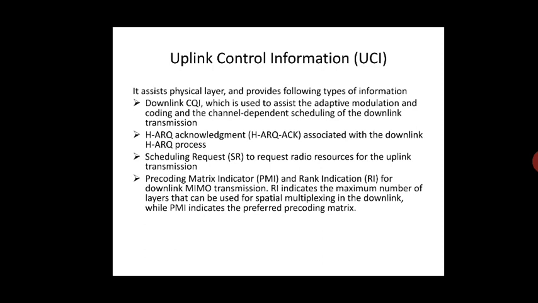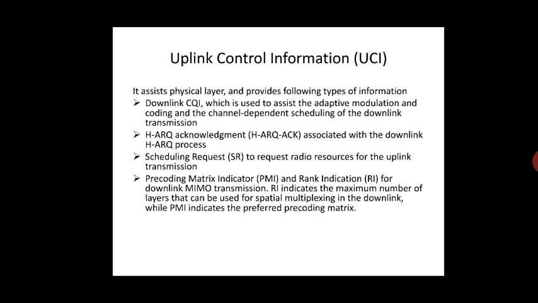Similarly, HARQ is an acknowledgement, the ACK associated with the downlink process operation. This is the content of uplink control information. Similarly, there are scheduling requests, the SR for radio resources for the uplink transmission.